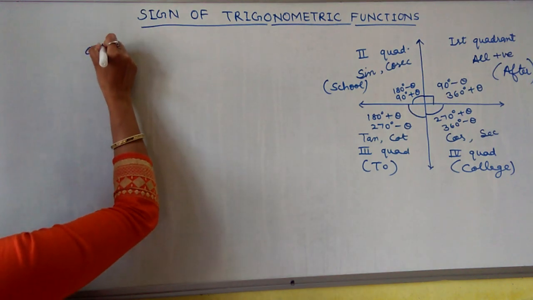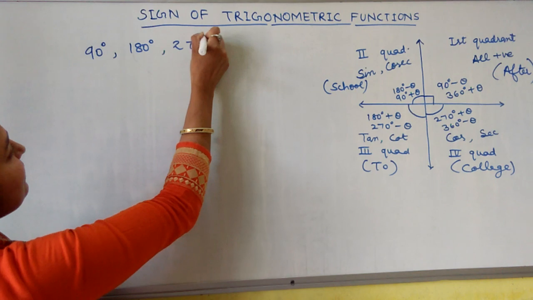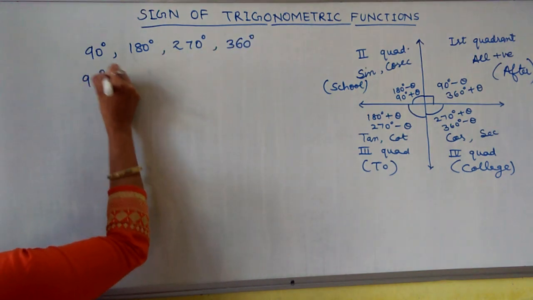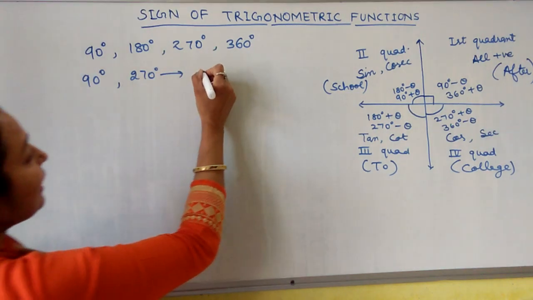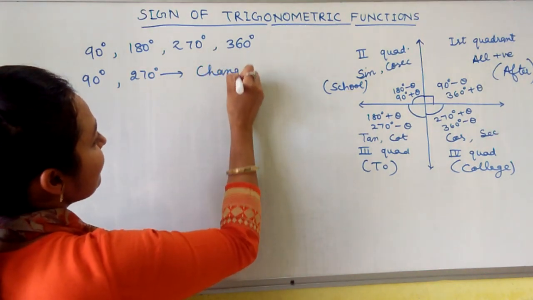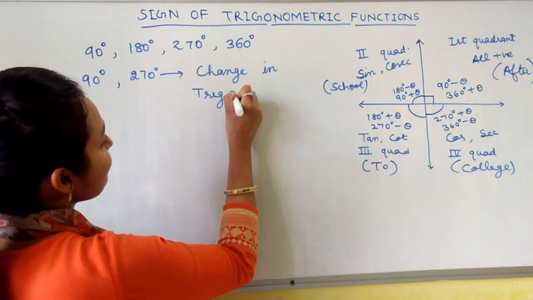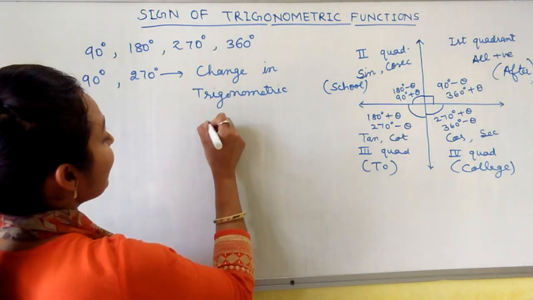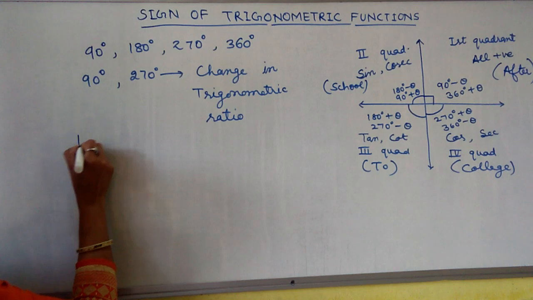There are standard angles: 90, 180, 270 and 360. These are 4 standard angles, and at 90 and 270 there is a change in the trigonometric ratios. Change in trigonometric ratios means you have to change sine into cos, cos into sine.